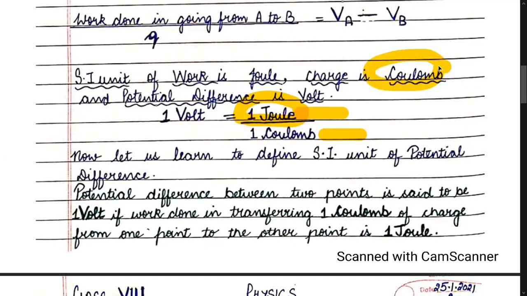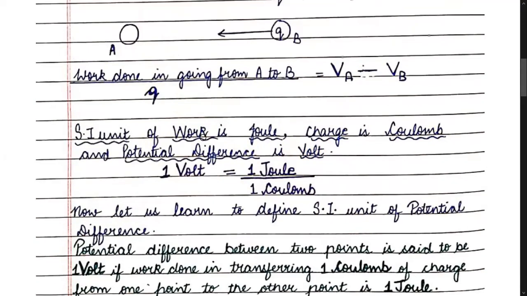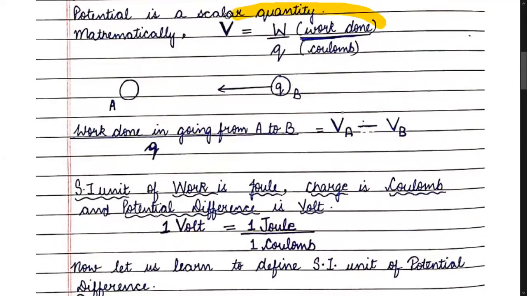And students, remember the SI unit of potential difference is volt. Potential difference is measured in volt. If we have to define volt, then what we will do? Put all the units in the formula. So I can say 1 volt.